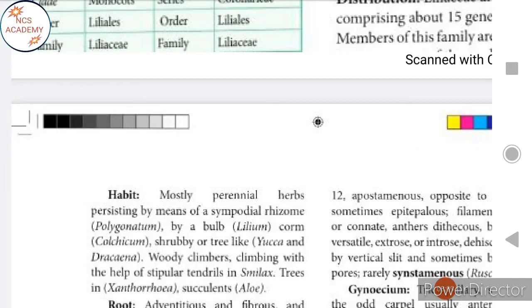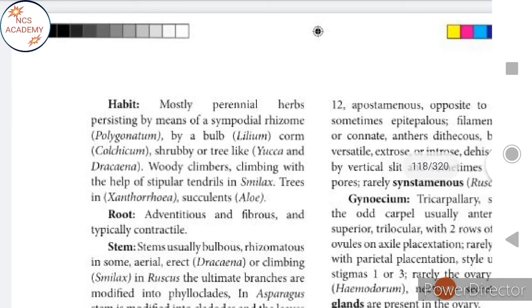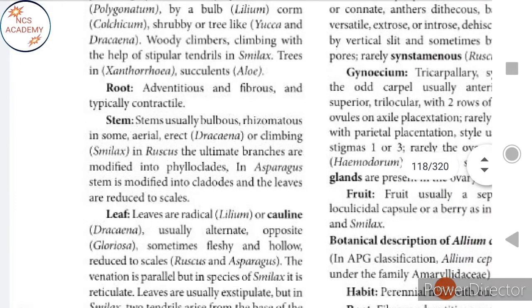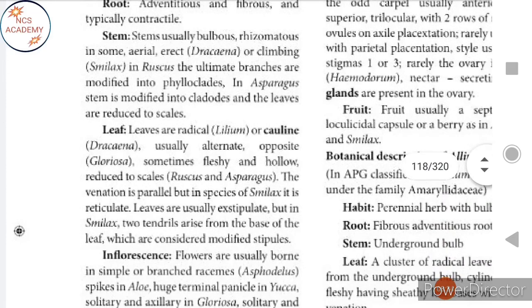First character, habit. What type of habit it belongs to. Solanaceae is mostly a perennial herb. The root: whether it is a tap root or fibrous root. Stem: what type of stem, erect or weak or a climber. Leaf: the type of leaf.